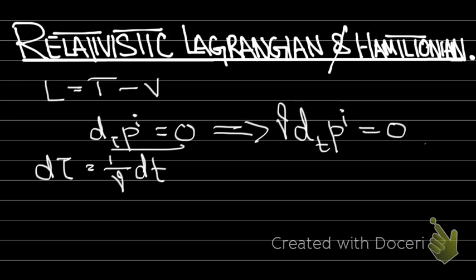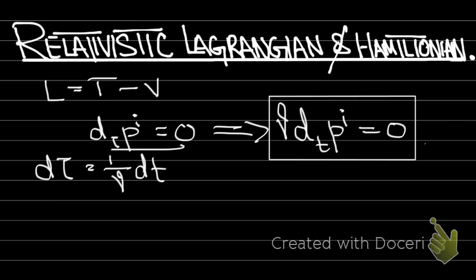Right. So now the question is, how do I solve this system? For the relativistic system, we will still use an action principle. However, of course, to be in accordance with special relativity, some things must change.